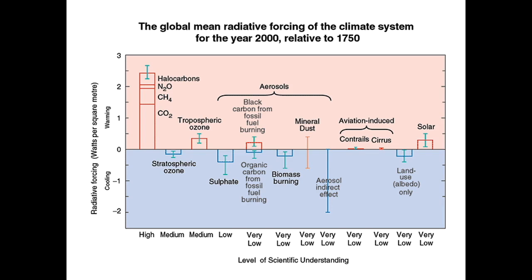But then there are other constituents like stratospheric ozone, sulfate, and aerosols, for example, for which the level of scientific understanding is still very low because the aerosols are not mixed so well globally. They are very localized. Their lifetime is very small, varying from a few days to a few weeks.